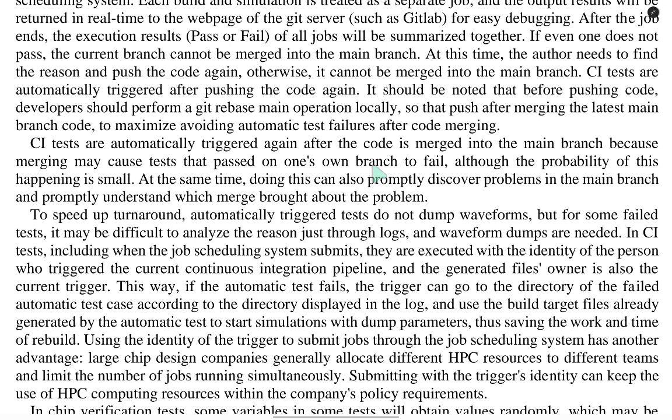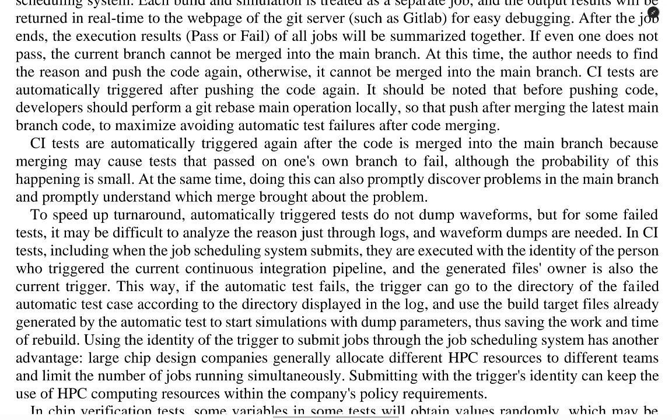The CI tests are automatically triggered again after the code is merged into the main branch, because merging may cause tests that pass on the own branch to fail, although the probability of this happening is small. At the same time, doing this can also promptly discover problems in the main branch and promptly understand which merge brought about the problem.